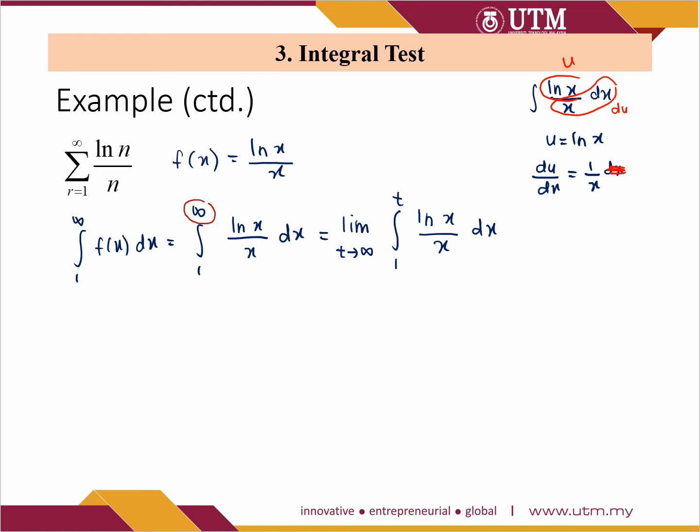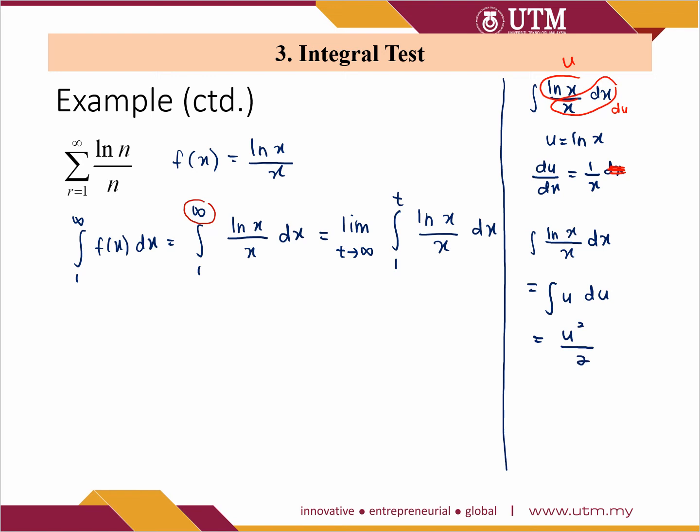So solving this would be equal to the integration of u du, where it becomes u squared over 2. Now your u is ln x, so it is ln x squared over 2 plus c.